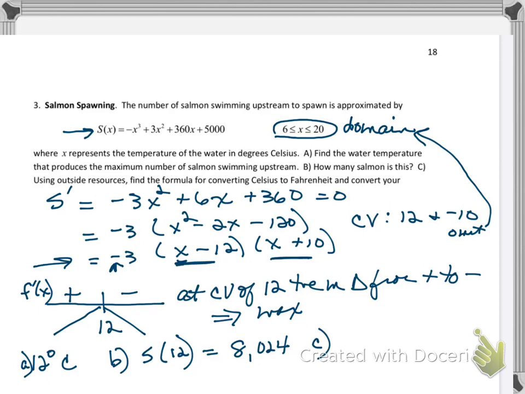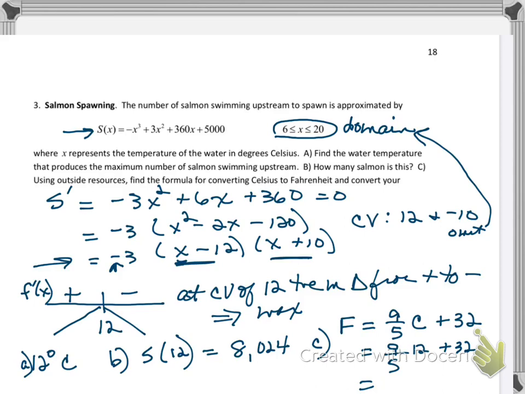Then they ask us to convert this temperature that you got to maximize the population, and that temperature was in Celsius, to Fahrenheit. So to do that, you would look up the formula, and you would find that Fahrenheit degrees equals 9/5 times the Celsius degrees plus 32. So you're going to plug in your 12 here, and then you're going to add 32 to it.